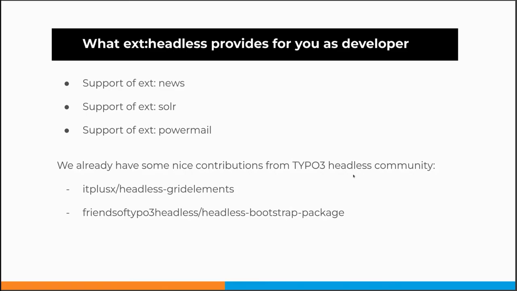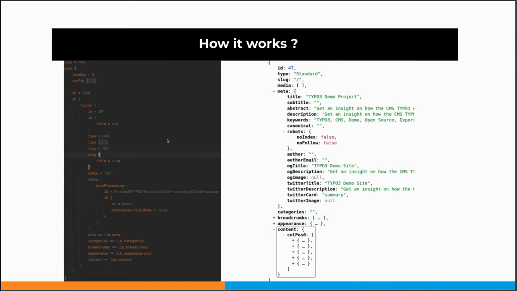Okay, we have some theory on what features we support and how exactly it works under the hood on the backend side. I hope you can see it well. On the left side, we have a standard definition of TypoScript. This is the definition of the standard page of Headless.